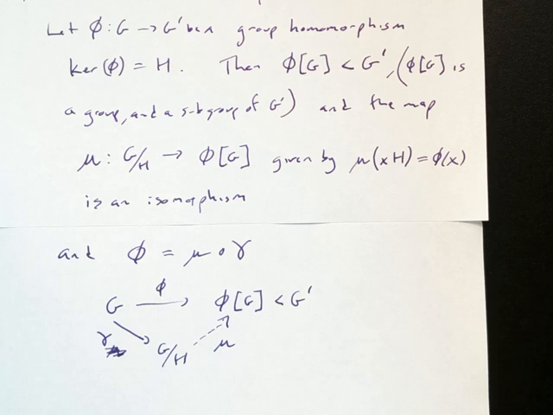Which is why I was able to say that Zn is isomorphic to the coset behavior Z mod nZ. Okay, I need you to cast your mind back to discrete math, because that's where we did this the first time. I didn't phrase any of it in this language, but we did exactly this.